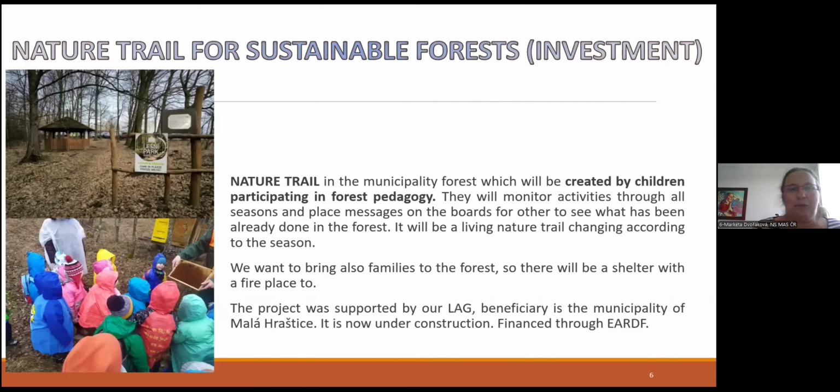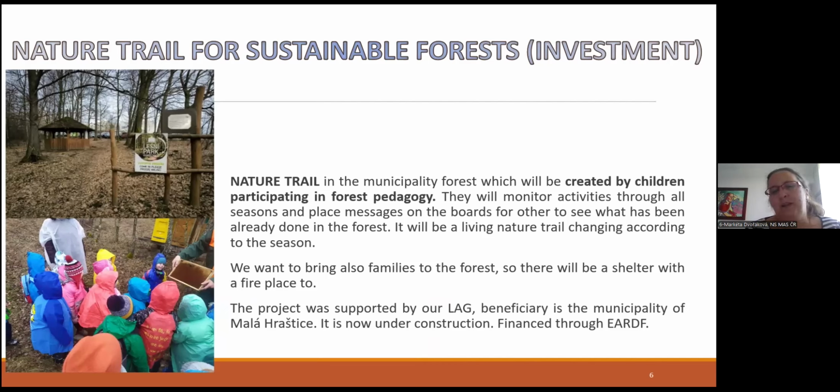And how we combine it with the agricultural fund: we are now building a nature trail in that municipality forest, which will be created by children participating in forest pedagogy. Children will monitor activities through all seasons in the forest and place messages on the boards we are planning to build, to tell what is happening and what they have already done in the forest, and they will send messages to other groups about how they are all working on our sustainable forest.